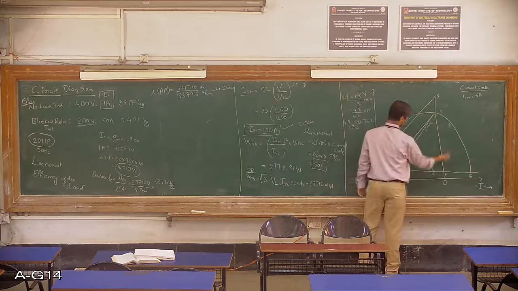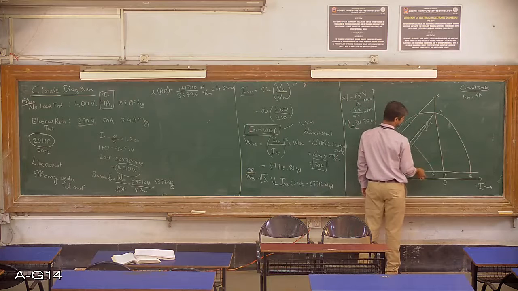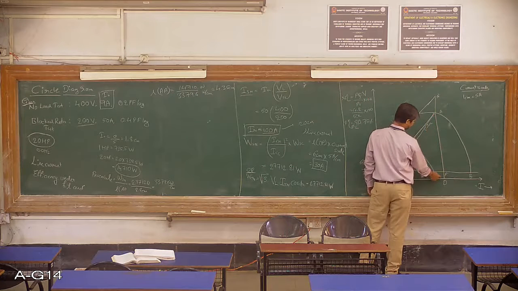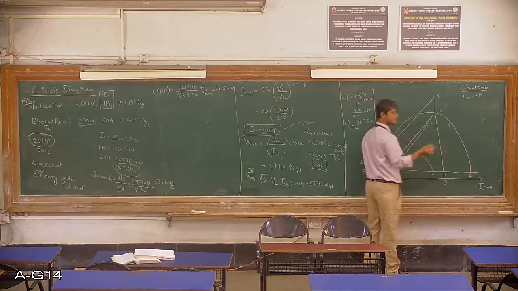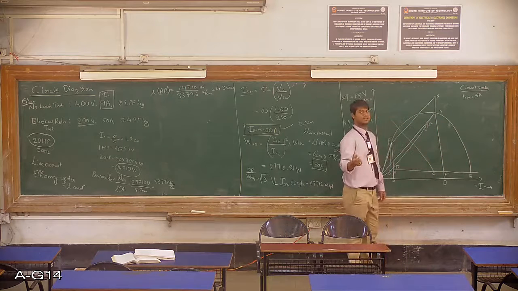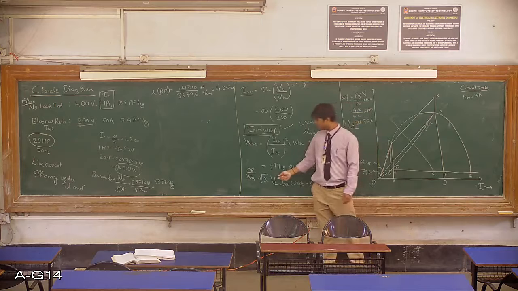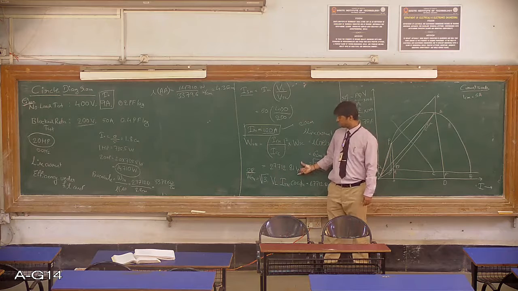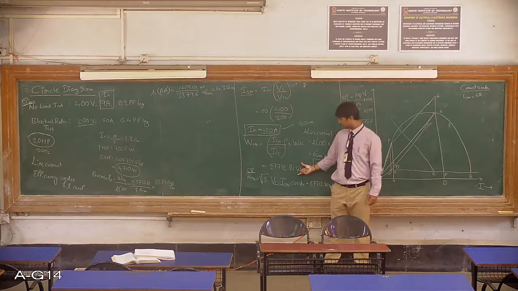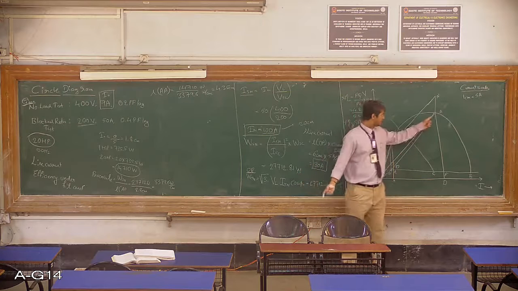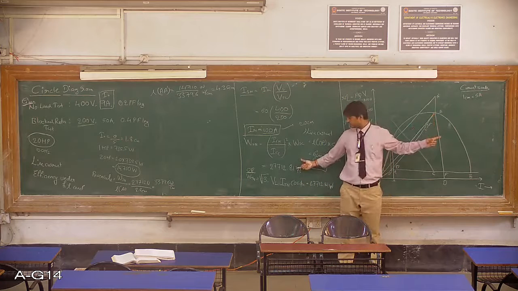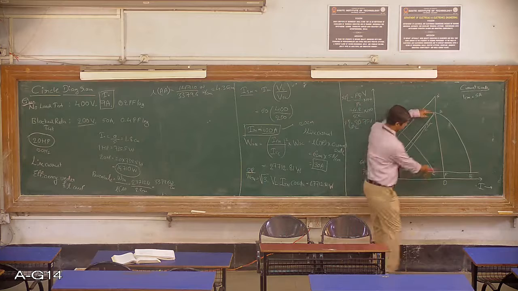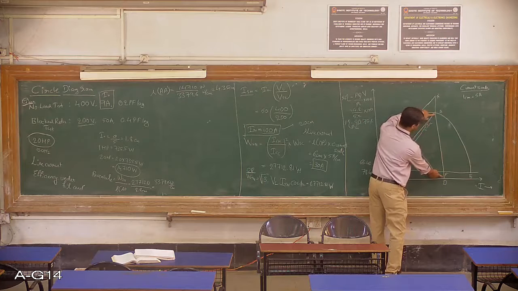After drawing the circle diagram, we can easily check the length of the AD. The length of the AD is equal to WSN, and we have already calculated WSN, which is equal to 27,712.81, and that 27,712 is here, the length of AD.